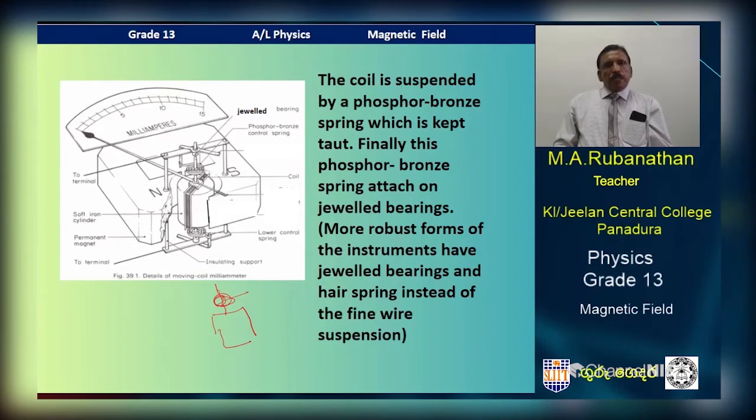Robust means the instrument is very strong, because we carry this instrument from place to place. If these two were not in the galvanometer, the galvanometer may be damaged. So the dual bearings and hairspring make this instrument more strong.